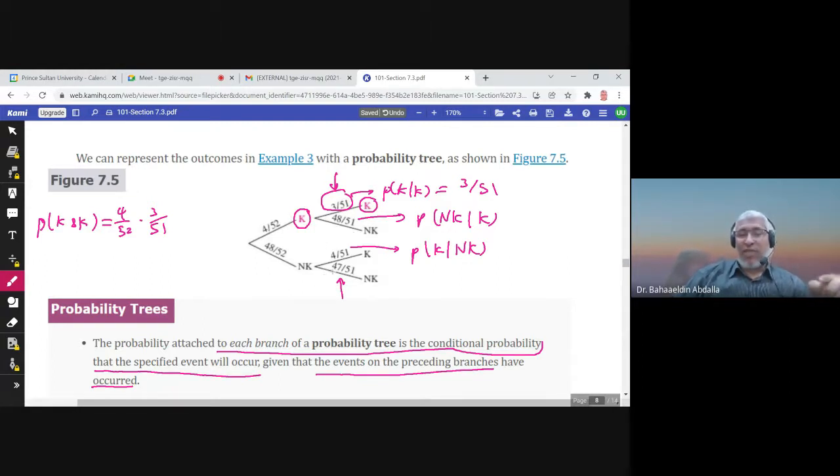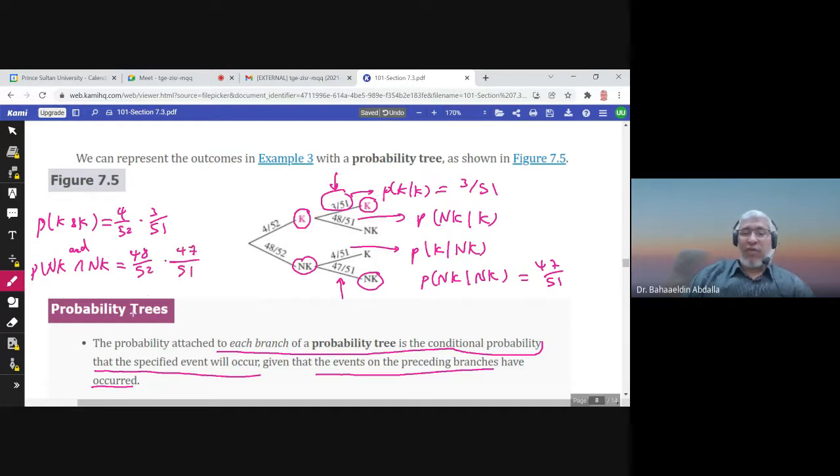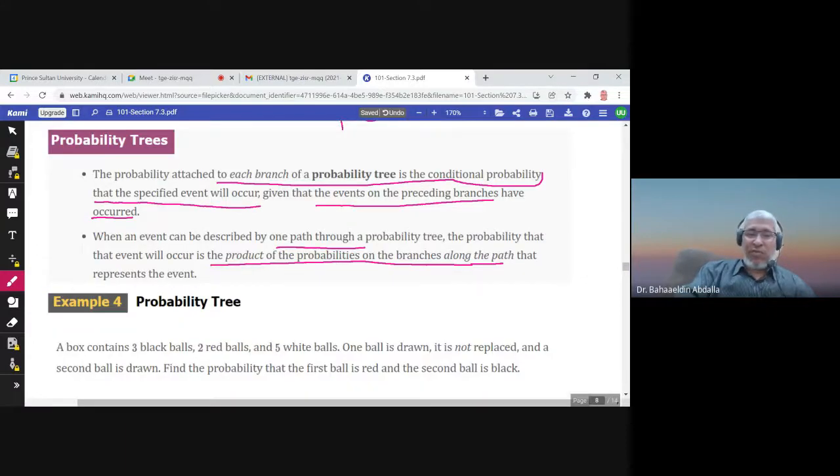Okay, so for example, not king given not king is what? Is 47 over 51. But probability of not king and not king, you write it as intersection, would be what? Would be this path. Okay, you multiply. So 48 over 52 times 47 over 51. I hope it's clear for you.